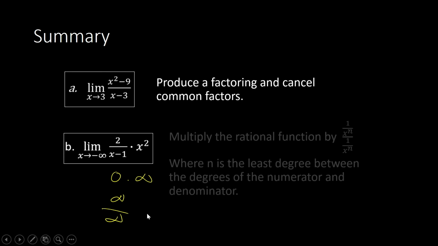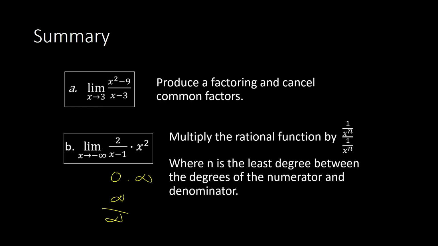So what did we do? We multiplied the rational function by an expression like 1 over x to the n divided by 1 over x to the n, where n is the least degree between the degrees of the numerator and the denominator. You know, your numerator and denominator, if they are polynomials, have a degree. There are many ways to work out the limit of functions that give rise to indeterminate forms, and we will talk about them as we go along with the topic of finding limits.